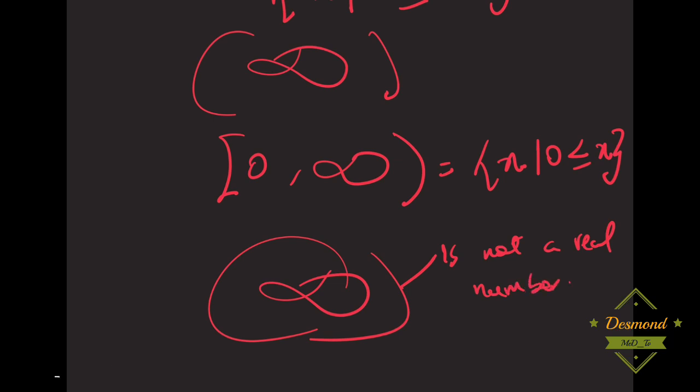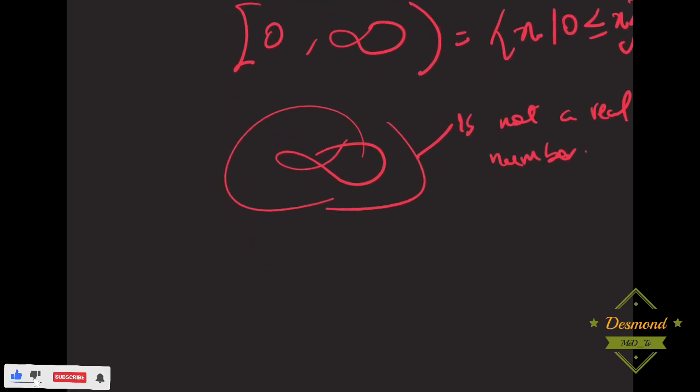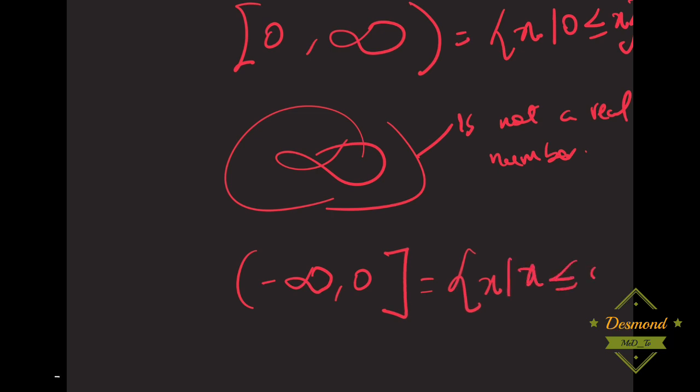It is used symbolically here just to indicate that this set includes all real numbers greater than or equal to 0. Similarly, if we want to describe the set of all non-positive numbers, we could write it as (negative infinity, 0], which is equal to the set of x such that x is less than or equal to 0.